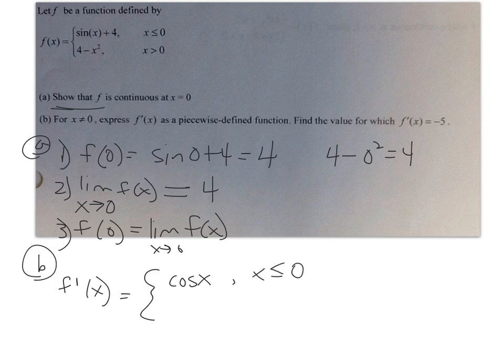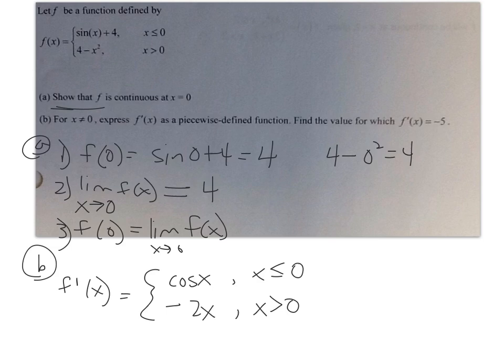Then the derivative of the second piece, the derivative of 4 is 0, and then we have negative 2x to the first power when x is greater than 0. So there's the piecewise defined derivative. Now I need to find the value for which f prime of x equals negative 5. Well, I would be thinking set either piece equal to negative 5 and solve for x.